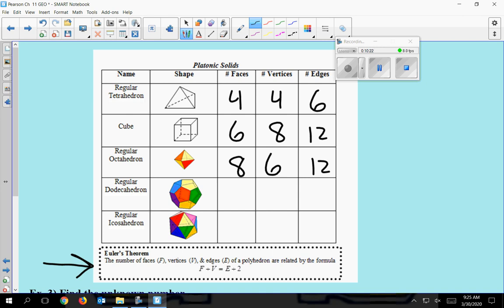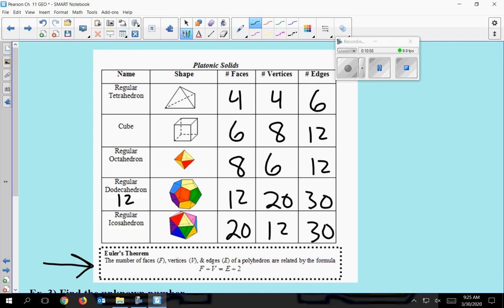For a regular octahedron, I have 8 faces, 6 vertices, and that will get me 12 edges. A regular dodecahedron has 12 faces. Put that down so we remember. It'll give me 20 vertices and 30 edges. For a regular icosahedron, I'm going to have 20 faces, 12 vertices, and I'll get 30 edges.